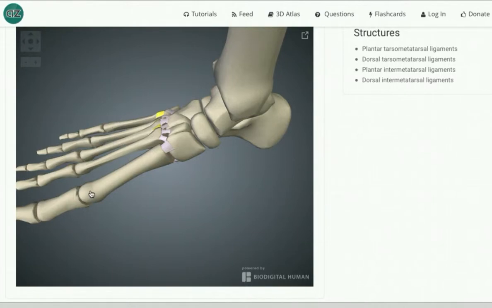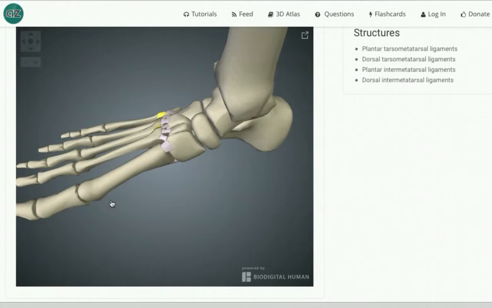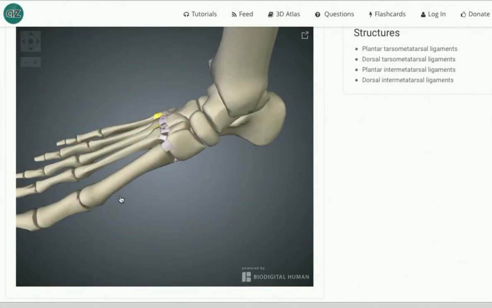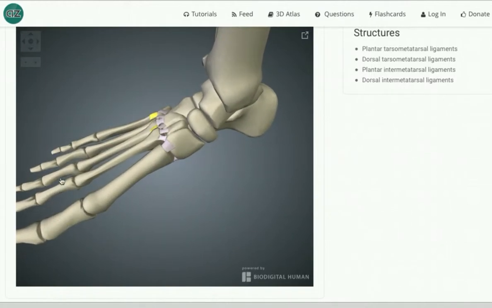But again, this one's going to be the most flexible. These will be more rigid, and then the outsides are going to be a little bit more flexible. So yeah, that's that. They also have collateral ligaments on either side. Additionally, with the phalanges, they are all going to have collateral ligaments as well.